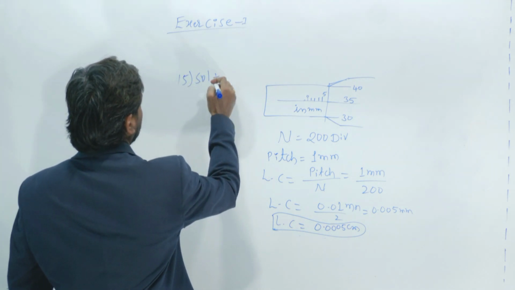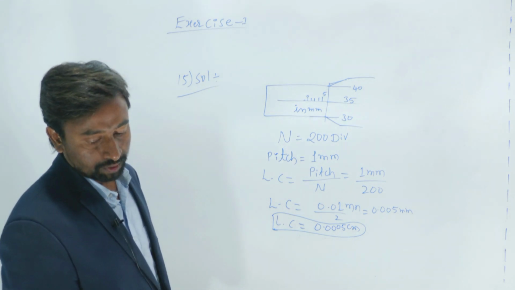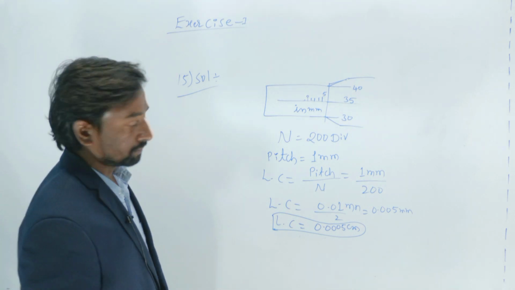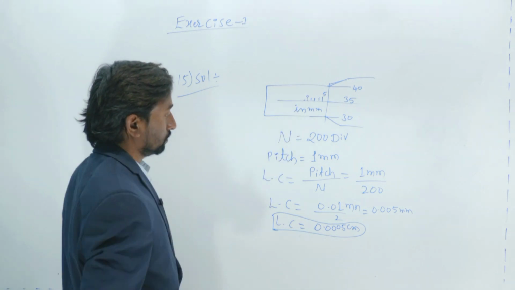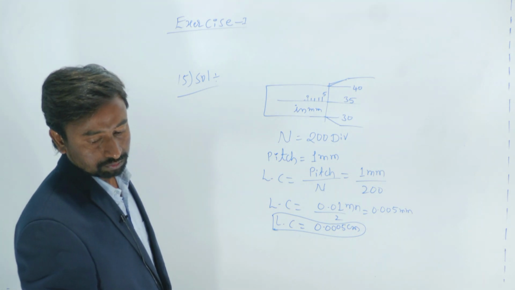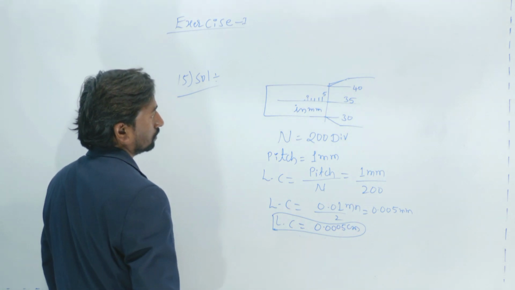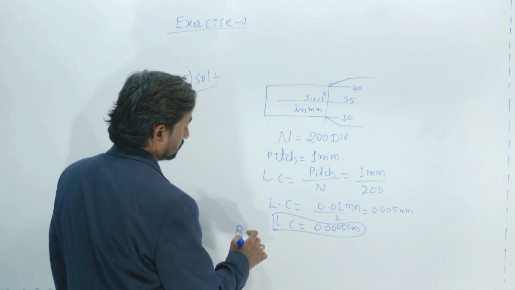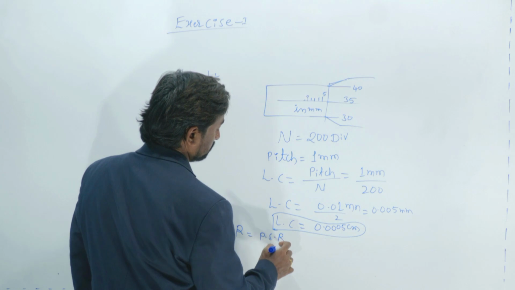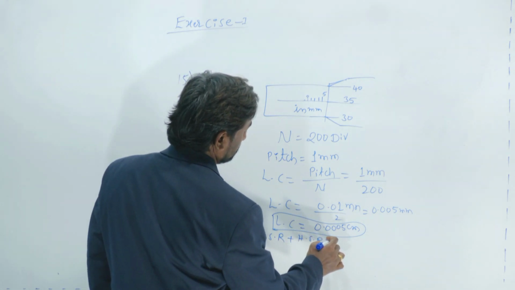15th solution. For the 15th one they are asking: from the above diagram, calculate the radius of the wire. So from this diagram we should find out the radius of the wire. Here we can write radius R is equal to PSR plus HSR into least count.